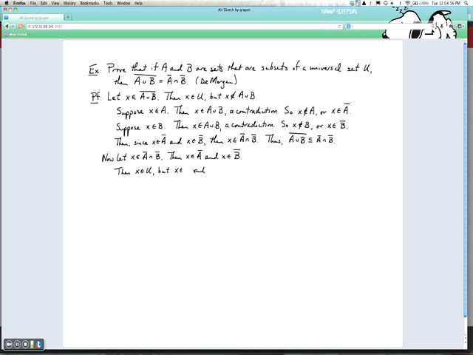Sorry, I didn't mean to put that complement symbol up there, but what I meant to do was put the line through there, sorry. But we also know that it's not in B, and so X is not in B.